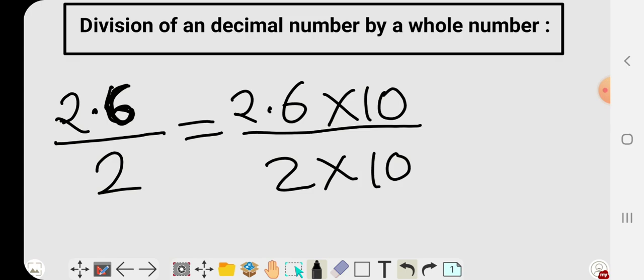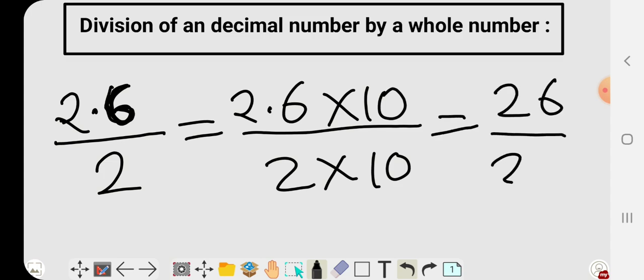Whichever number we multiply with in the numerator, the same number will be multiplied in the denominator. So in this way we have got 26 there and here 20. Now you can divide easily.